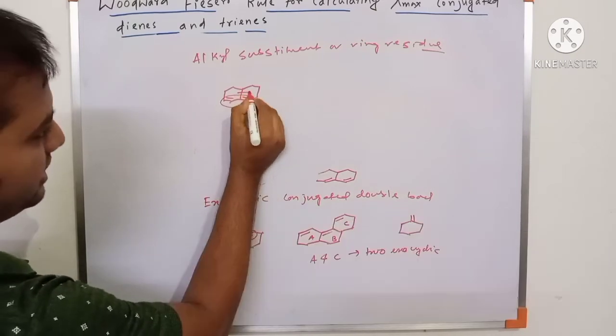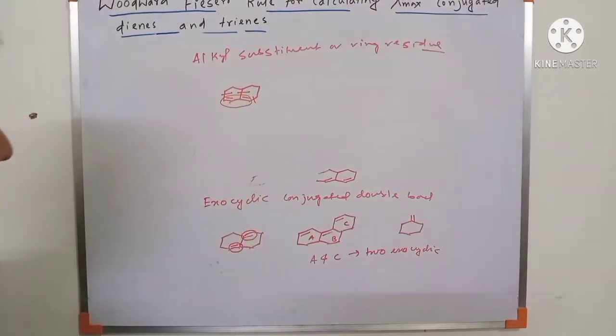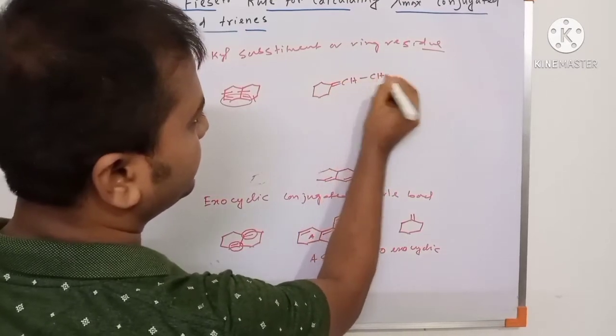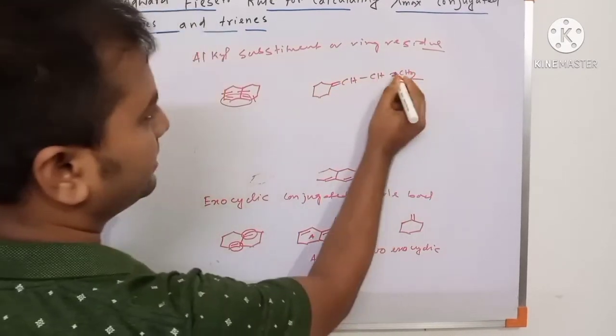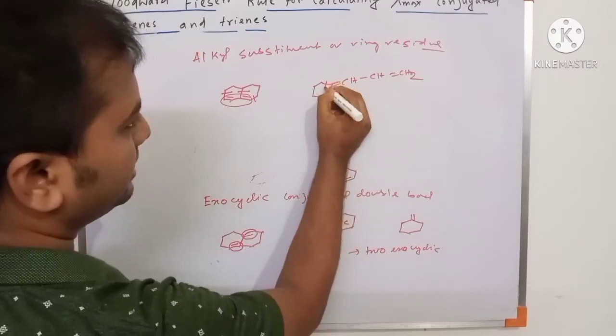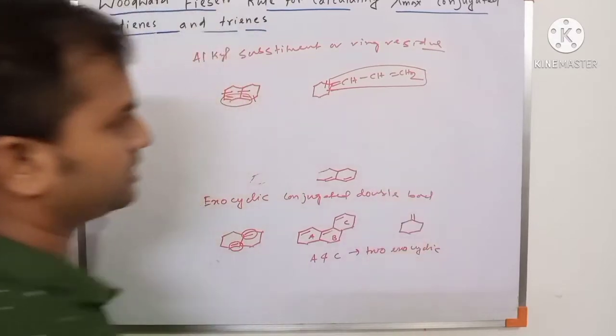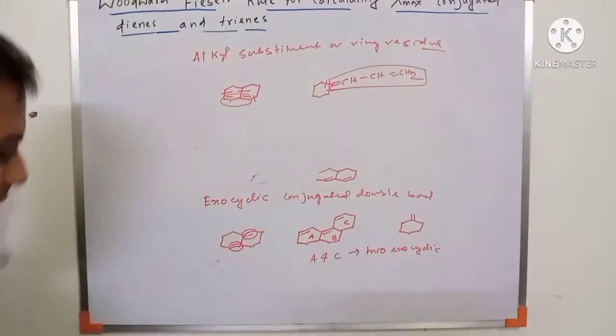This carbon part, this part are ring residue parts. The double bond CH, double bond CH2, this is the conjugated bond, so the rest is ring residue. So first we require the conjugated system, and the other parts are the ring residue part.